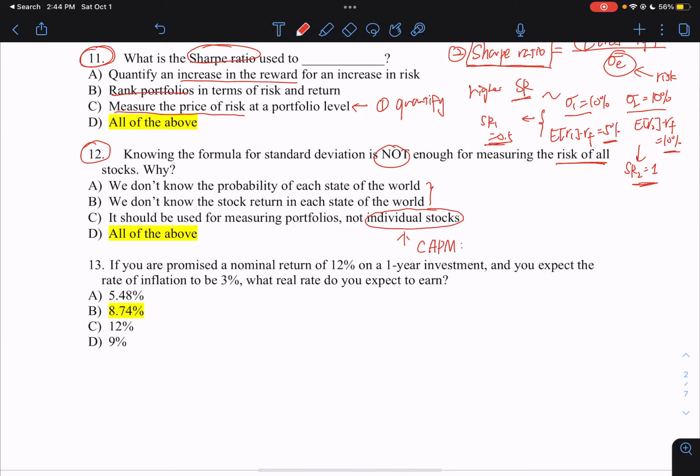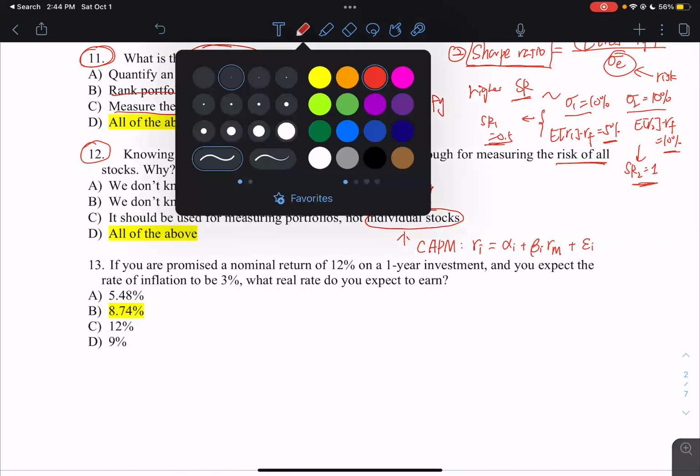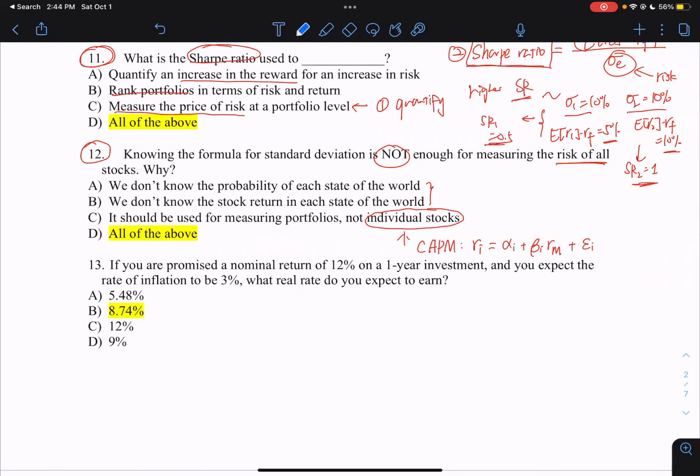Let's use R_i as the individual stock return. Someone created this model to decompose individual stock return. Let me explain what they are.